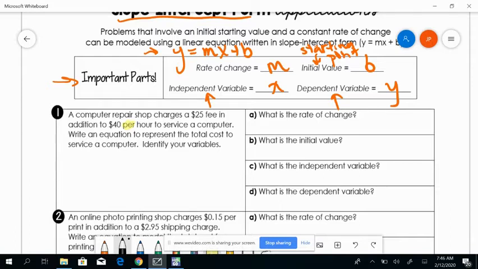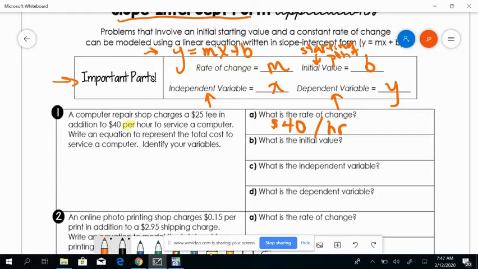Per is always going to indicate that that is your rate of change because it's happening as you increase your hours or decrease your hours, and it's something that's going to change there. So my $40 per hour, I'm going to say, is my rate of change or my slope. So that's a kind of easy way off the bat to get this rolling.